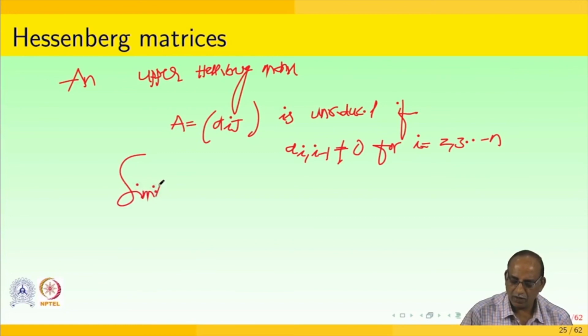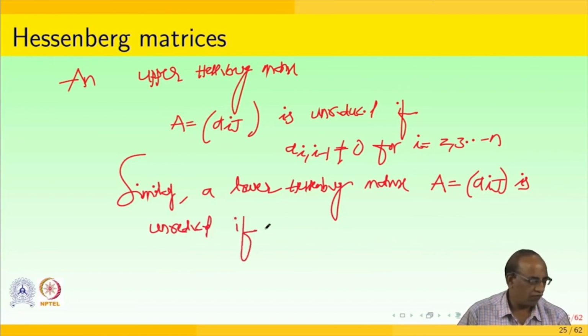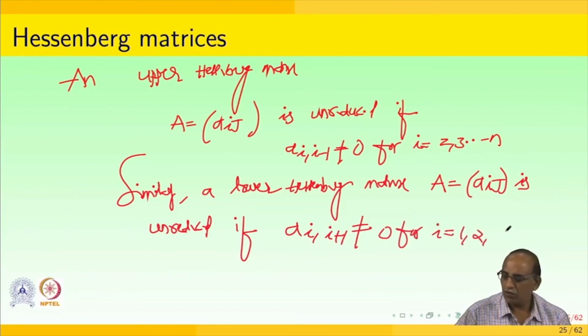Similarly, a lower Heisenberg matrix A equal to Aij is unreduced if A i, i plus 1 is not equal to 0 for i equal to 1, 2, etc. up to n minus 1.